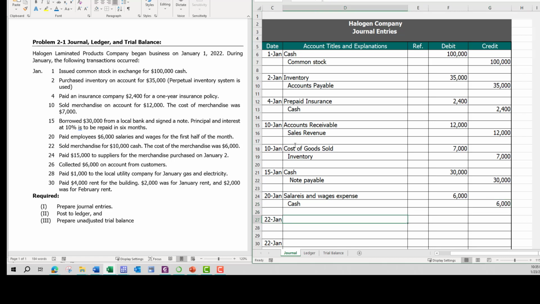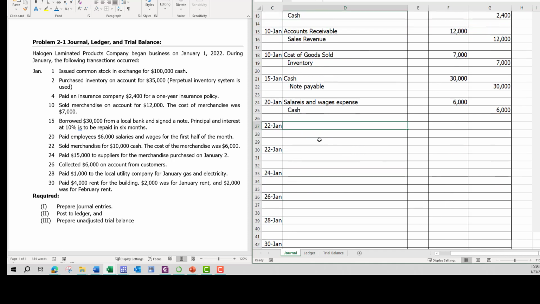And then again, we sold merchandise on January 22nd. Oh, it is in cash. So cash is 10,000 and sales revenue is 10,000.